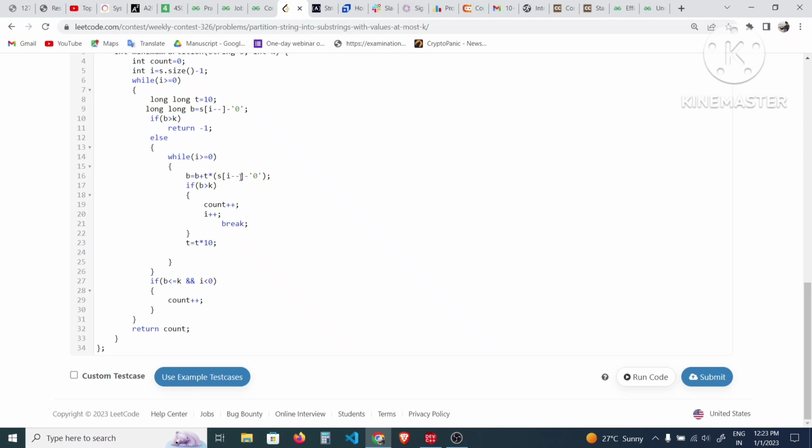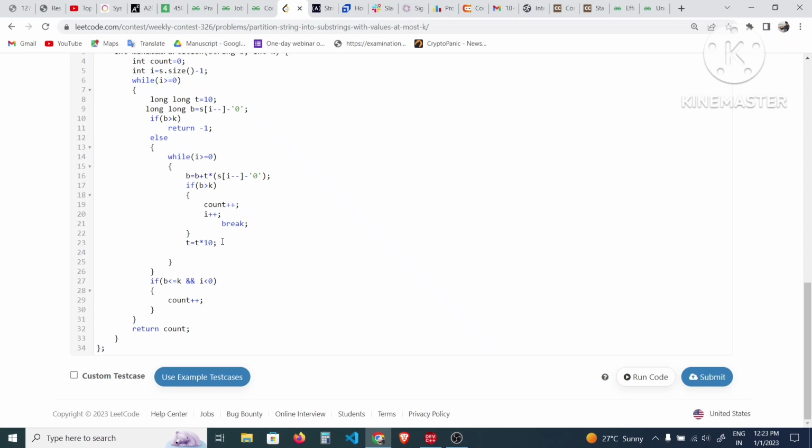For recovering that, you just need to do i plus plus and then break, so that you can start again fresh. And if it keeps on going, then you need to increase t by multiplying it by 10 every time, so that a new digit you get is 10 times more than the last digit.